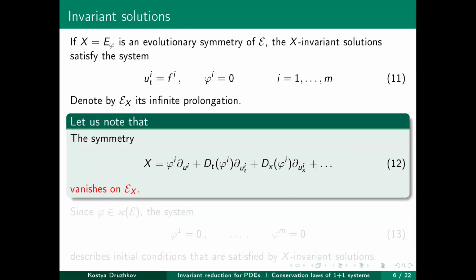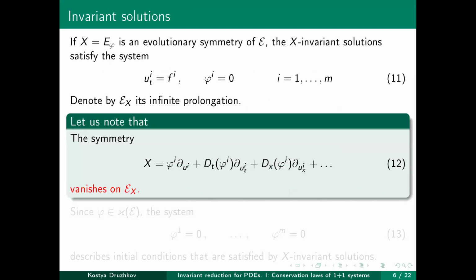Let's discuss invariant solutions now. If X is an evolutionary symmetry of epsilon, the corresponding X invariant solutions are described by system 11. This system consists of the original equations, plus we take the characteristic of the evolutionary vector field, the evolutionary symmetry, and consider the equation of the form characteristic equals 0.